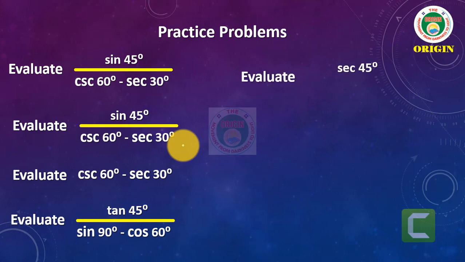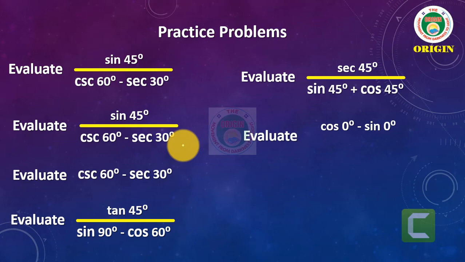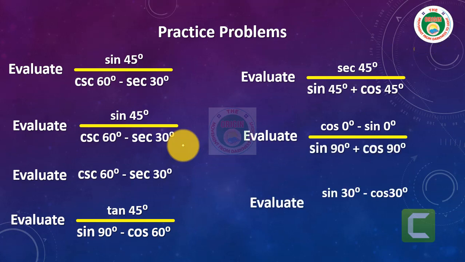Evaluate secant 45 degrees by sin 45 degrees plus cos 45 degrees. Evaluate cos 0 degrees minus sin 0 degrees by sin 90 degrees plus cos 90 degrees. Evaluate sin 30 degrees minus cos 30 degrees by cos 60 degrees minus sin 60 degrees.